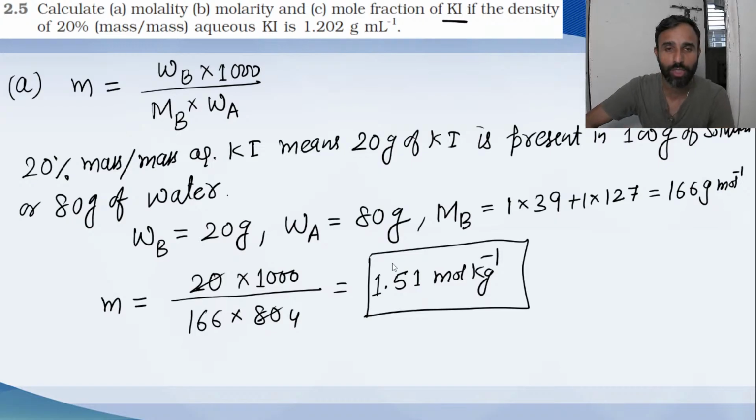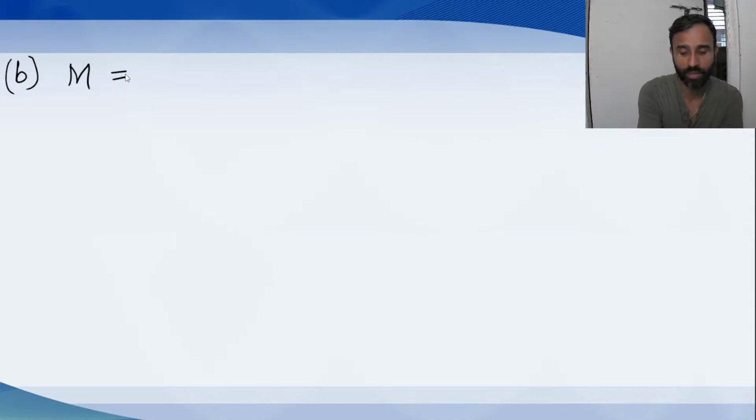Now next part is molarity, and for molarity we have mass percent as well as density. So what is the formula? Yes, molarity in terms of mass percent and density. Yes, beta, what is the formula?